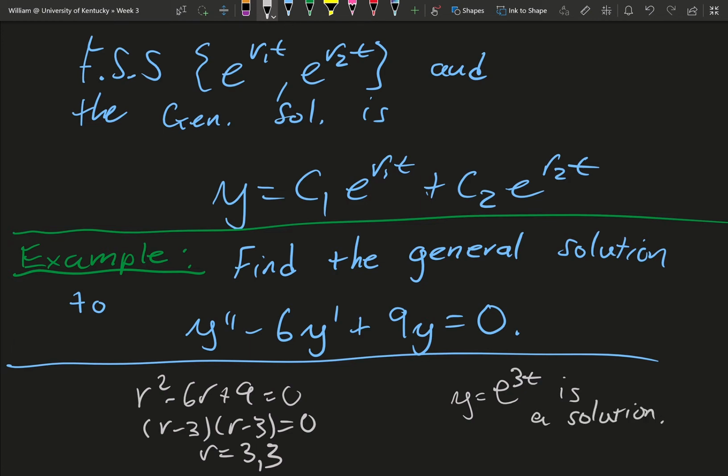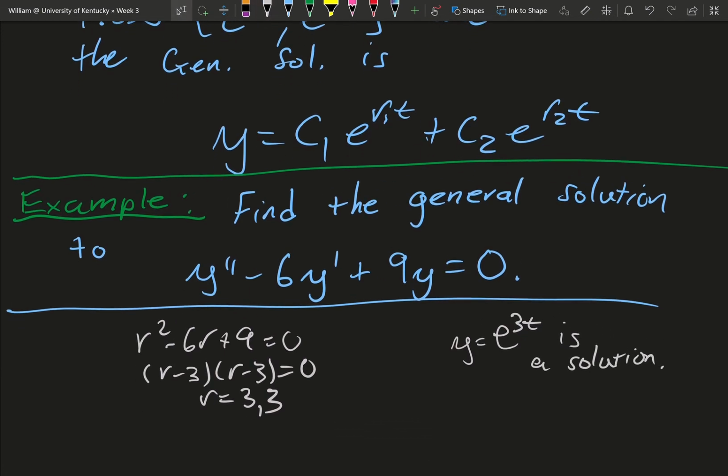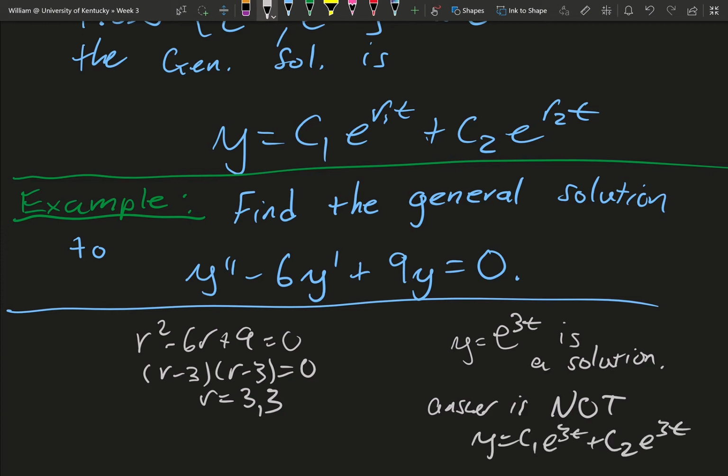But we can't just include e to the 3t twice. So the solution is not y equals c1 e to the 3t plus c2 e to the 3t. This is not true.